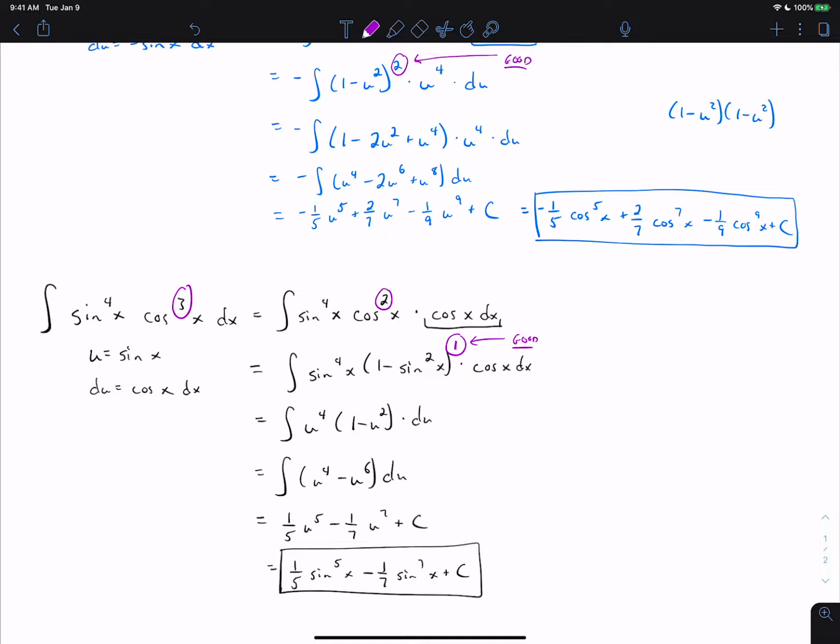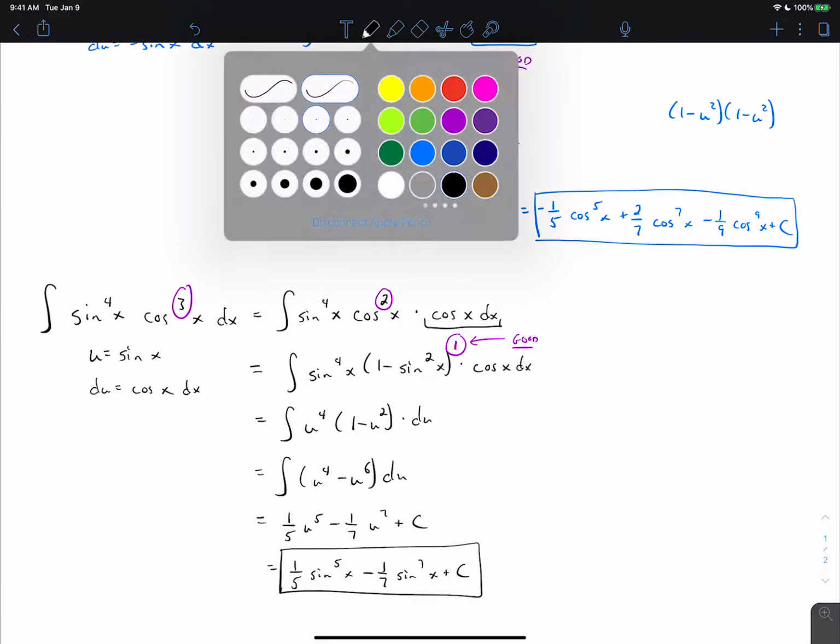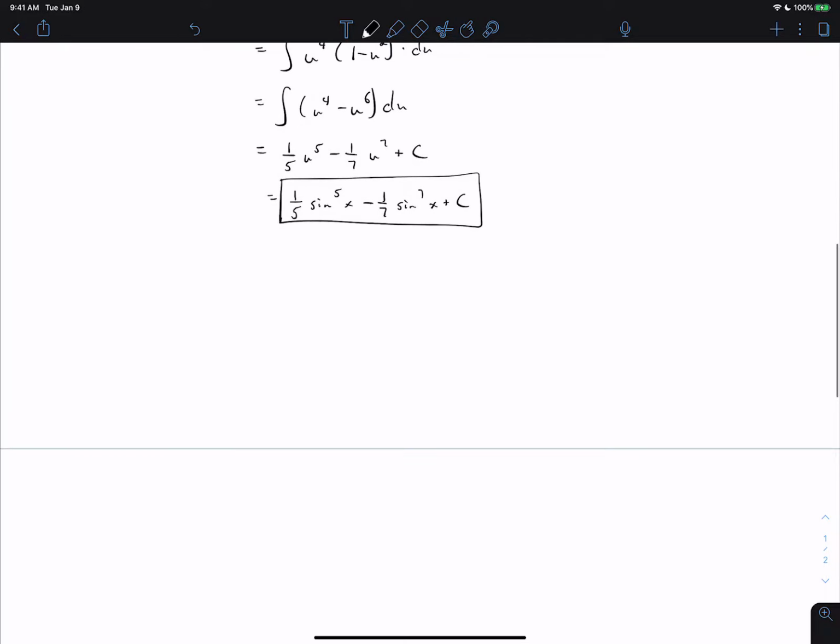So the quick rule for powers of sine and cosine is: if one has an odd power, let u equal the other one.